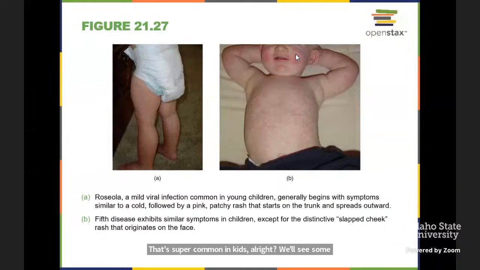So sort of a slapped cheek appearance that we see up here, and rash, trunk and extremities characteristic, all right? Both mild infections, all right? But likely something that still may warrant a trip to the pediatrician, all right?